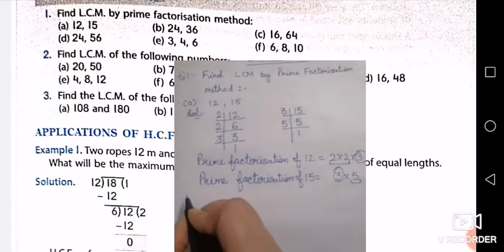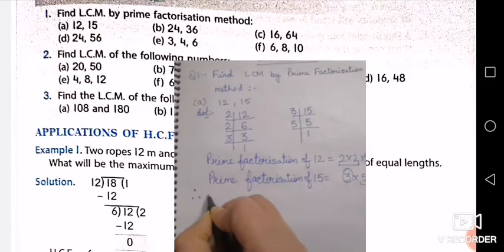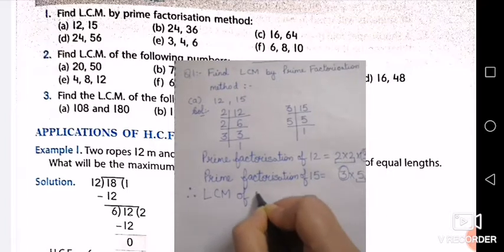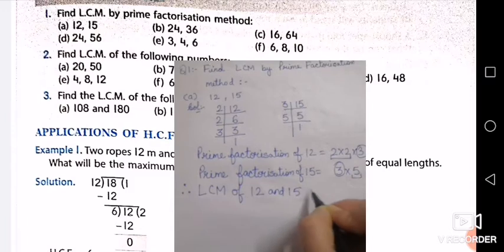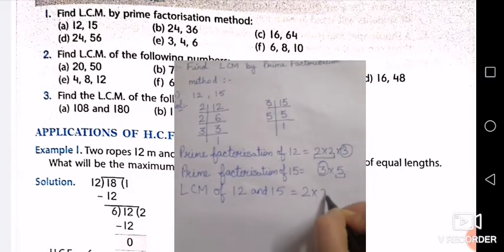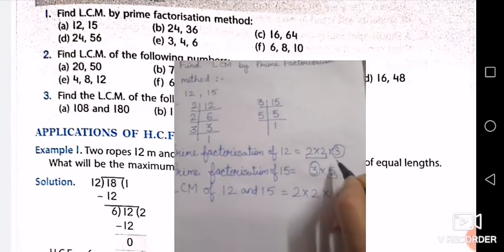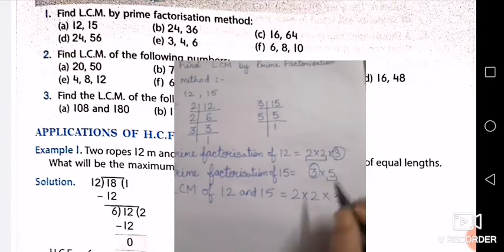So the least common multiple, therefore LCM of 12 and 15, will become 2 multiplied by 2 multiplied by 3. Only one 3 will come out because 3 is common in both.